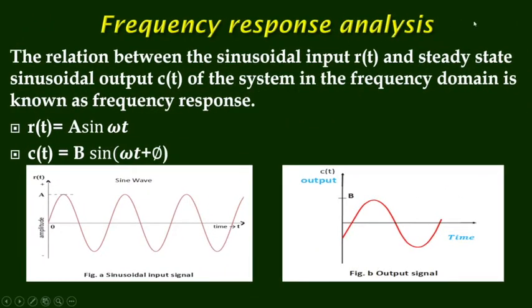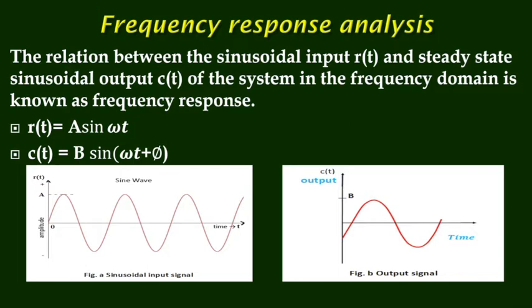Frequency response analysis. In time domain analysis, various standard test inputs like impulse, step, and ramp functions are used to study the performance of a control system. From the step response of a second order system, we can find time domain specifications like peak overshoot, peak time, rise time, and steady state error.